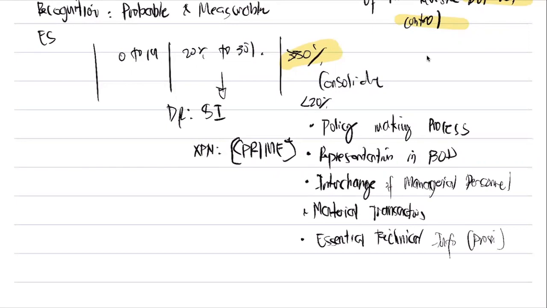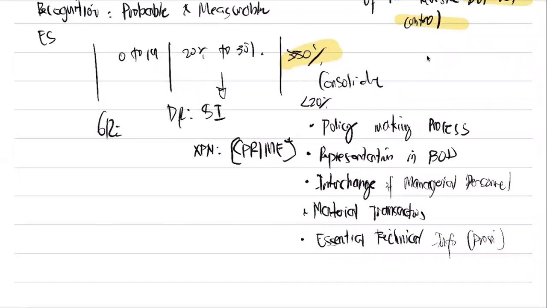Okay, so our mnemonic again is PRIME. So first you have your policy making process, and then you have your representation in BOD, and then you have your interchange of managerial personnel. You also have your material transactions, and we have your essential technical information. So even if you have less than 20% ownership, you can still account it under investment in associates. So what is the general rule?